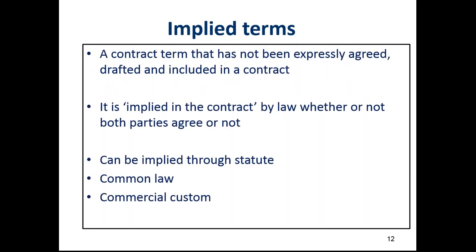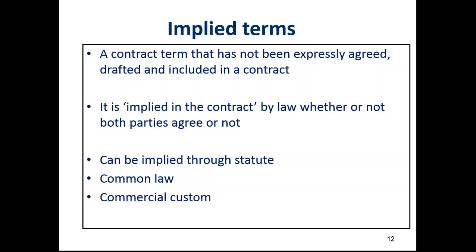There are also implied terms of contract. These are terms that do not need to be expressed, but they are always there. They're implied by the fact that you have a contract. They do not need to be explicitly agreed by both parties because they are always there.